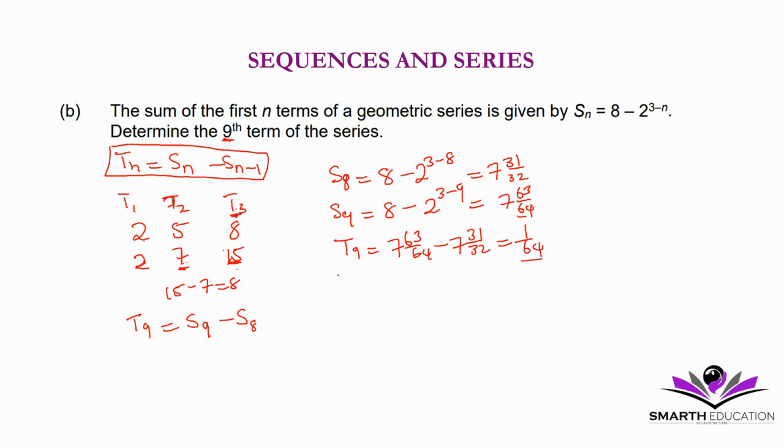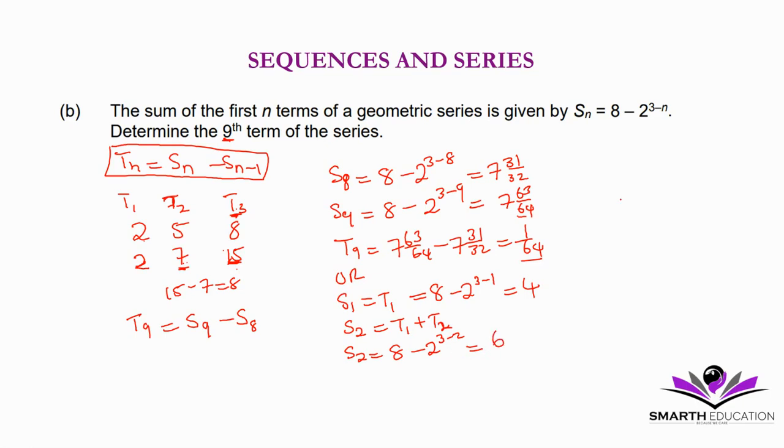The other thing we can do, we know that S1 is equal to T1, which is equal to 8 minus 2 to the power 3 minus 1, which is equal to 8 minus 4, which is 4. The sum of the first 2 terms is equal to T1 plus T2. S2 is equal to what? It is equal to 8 minus 2 to the power 3 minus 2, which is equal to 6.